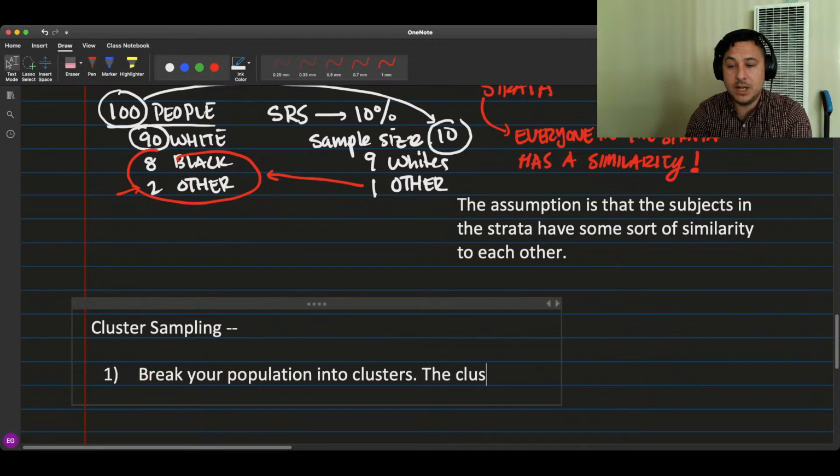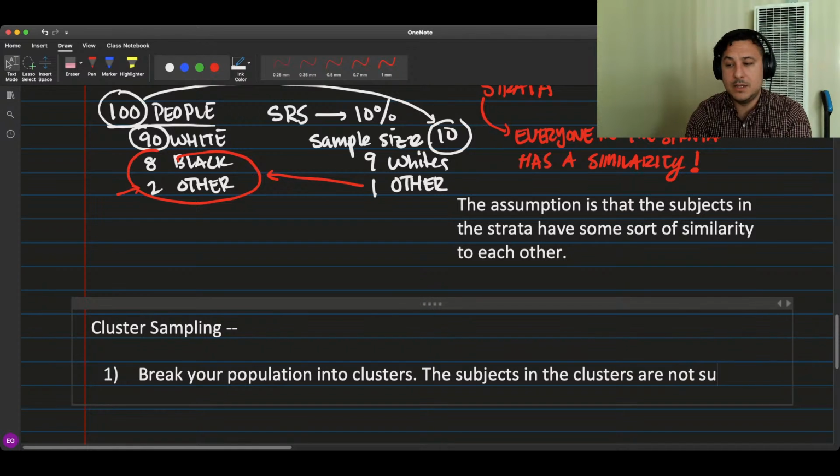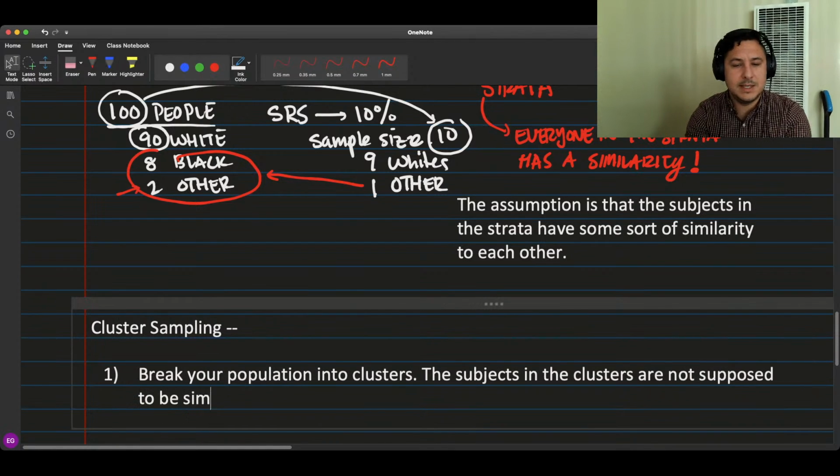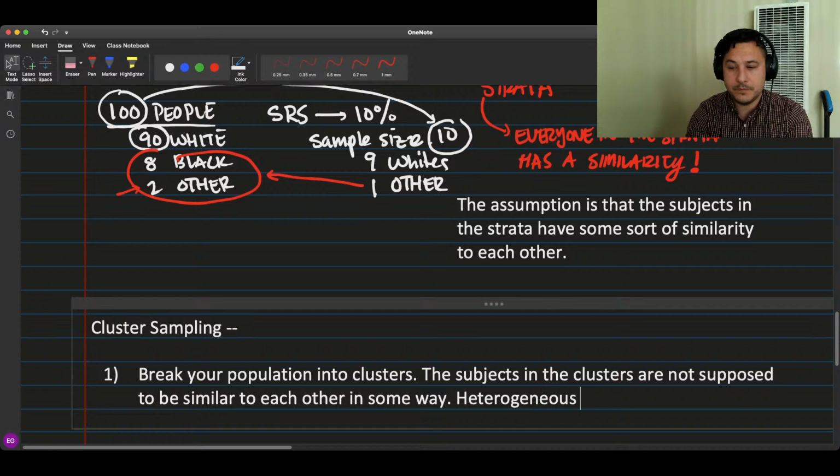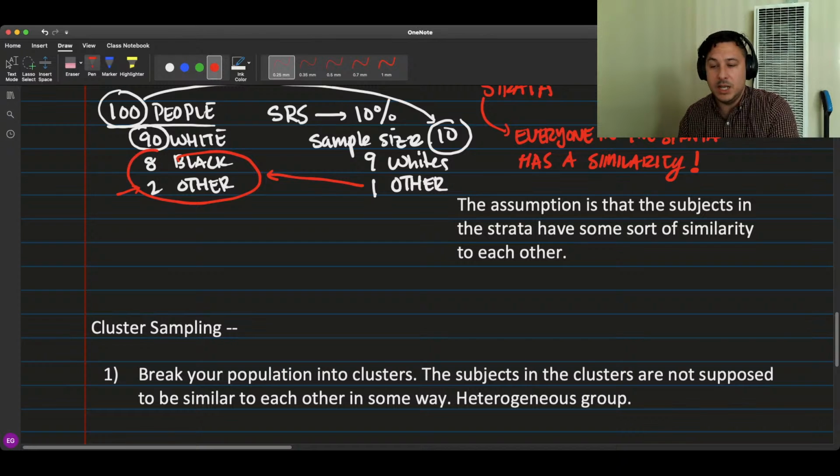So the subjects in the clusters are not supposed to be similar to each other in some way. So we call this a heterogeneous group. So clusters are heterogeneous, the people are not similar to each other.